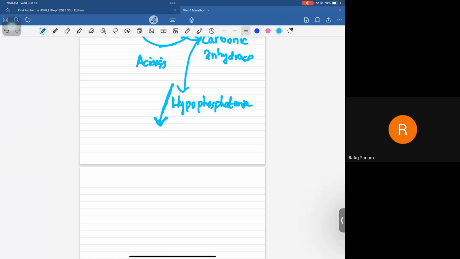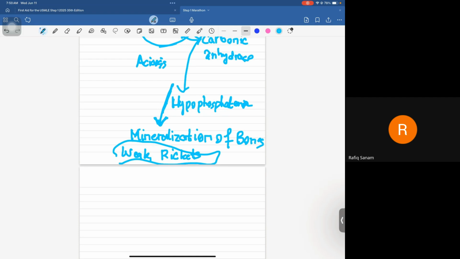When you do not have phosphate, and you need phosphate along with calcium for the mineralization of bone, the mineralization of bone cannot occur. And then the bones are going to be weak, which is known as rickets. So you're going to have rickets in children because of this.